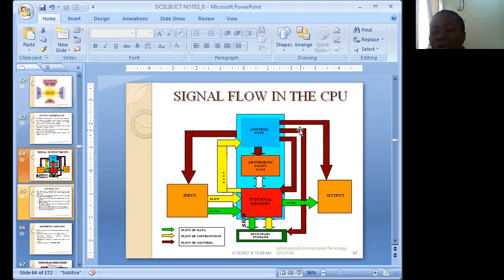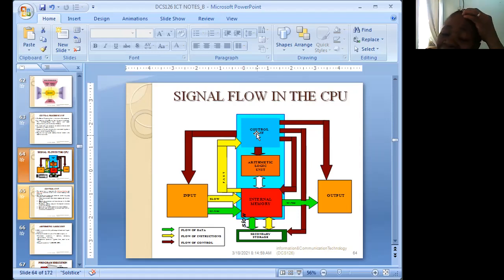Now, these arrows that are brown in color indicate the control flow. That is how the signals control the various other units. So remember we said, and okay, there's still another one that goes from the same control unit to the arithmetic logic unit.